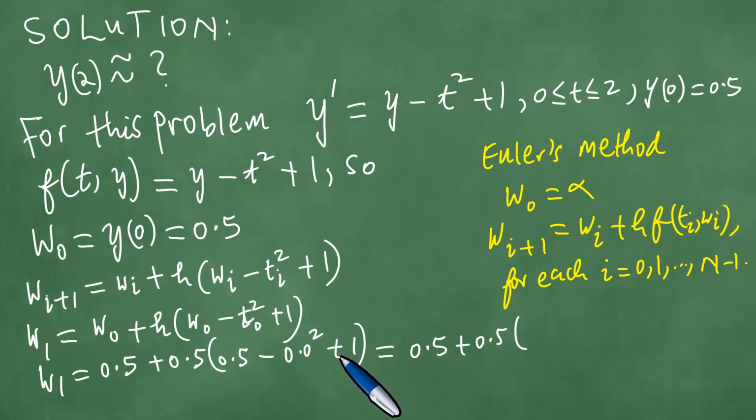So you can put some parentheses here. You have 1 plus 0.5, which is 1.5. And if you continue, then this is 1.25. So this is what we get. The next thing is we have W2.